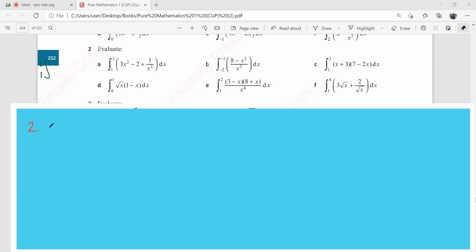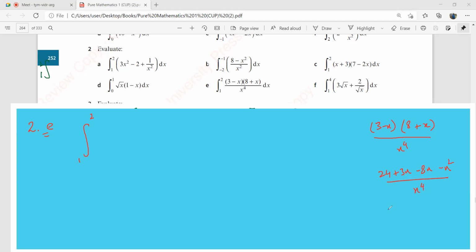Okay. This is 2E. So this is the integral from 1 to 2. Let me simplify it here. This is 3 minus x into, you can save your time, like you can avoid writing all these integration signs again and again by simplifying this on a side, showing this to your examiner. Okay, this is 24 plus 3x minus 8x minus x squared over x to the power 4.